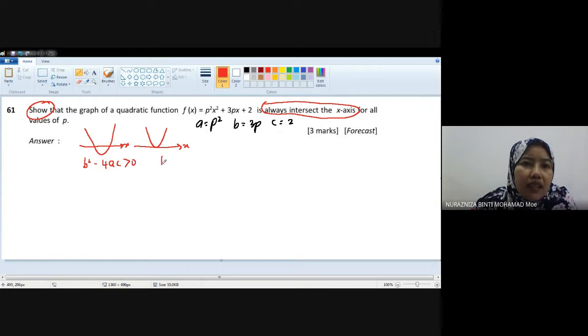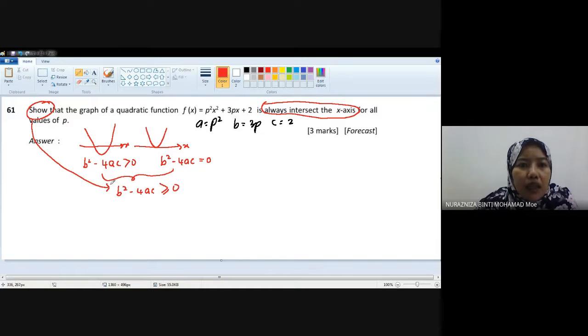If the graph is like this, b squared minus 4ac is equal to 0. So if you combine these two, b squared minus 4ac is greater or equal to 0. So we want to show b squared minus 4ac is greater or equal to 0.